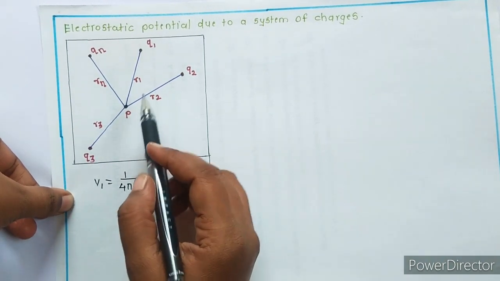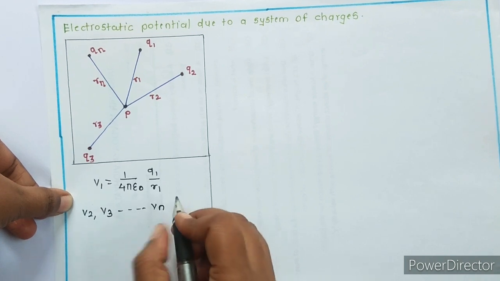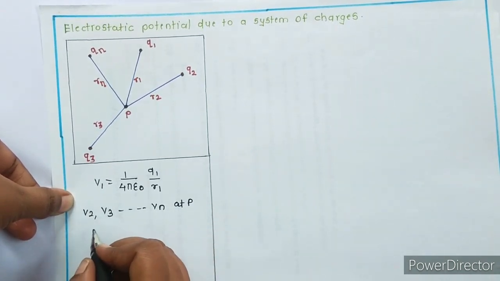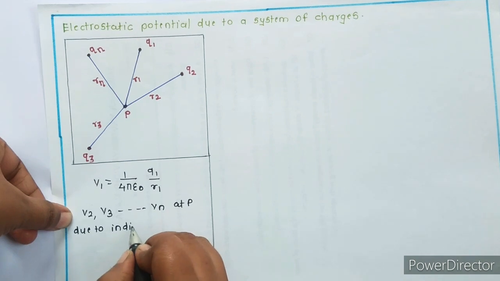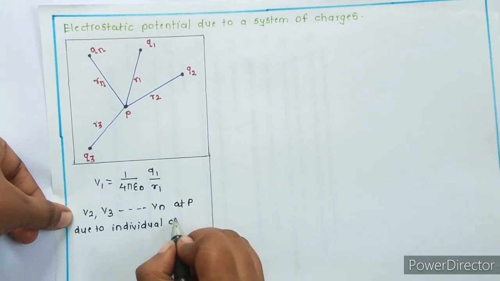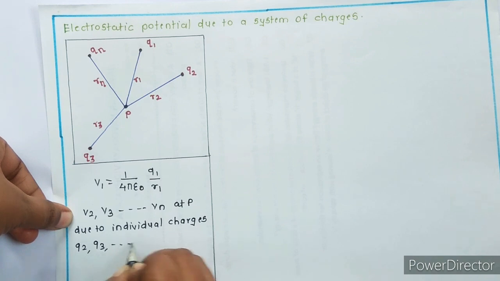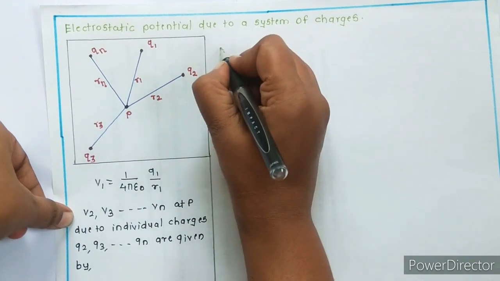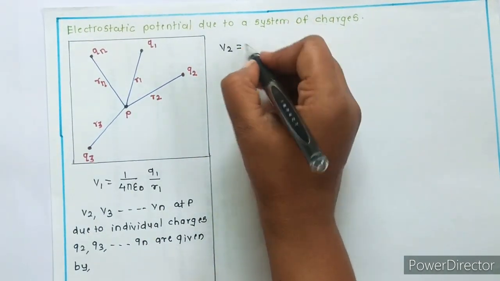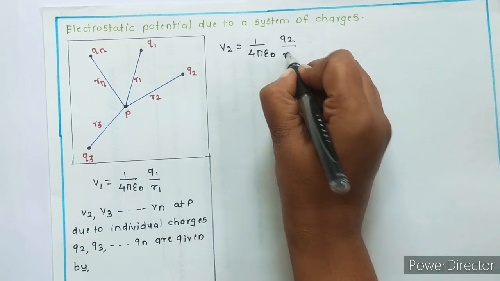Now similarly, the potentials V2, V3 up to Vn at point P due to the individual charges Q2, Q3 up to Qn are given by V2 is equal to 1 upon 4 pi epsilon 0 Q2 upon R2.